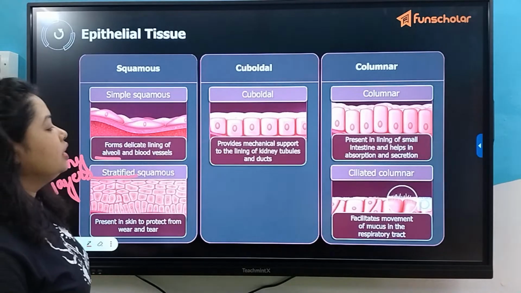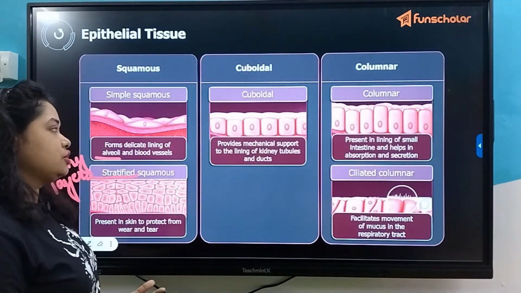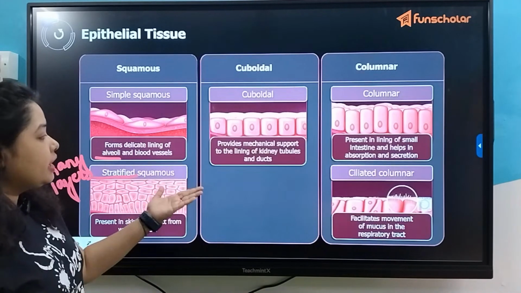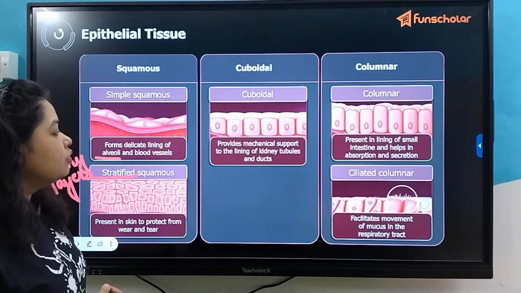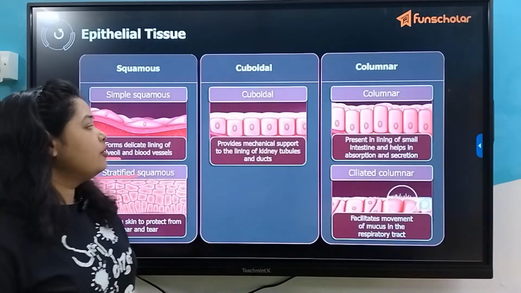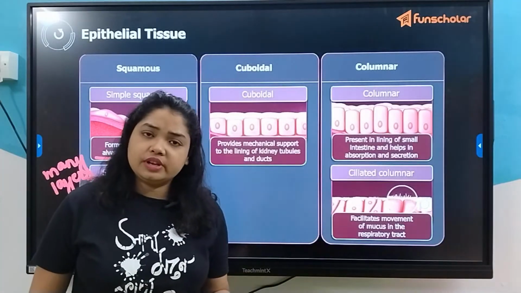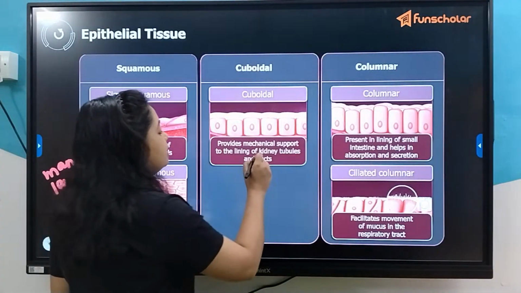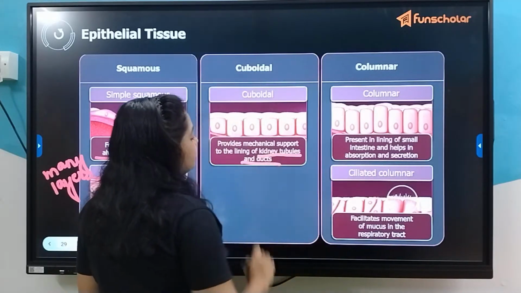Then we have got the cuboidal epithelium, which provides the mechanical support along with providing the surface area for absorption as well as secretion. It is present in the lining of the kidney tubules and the ducts.